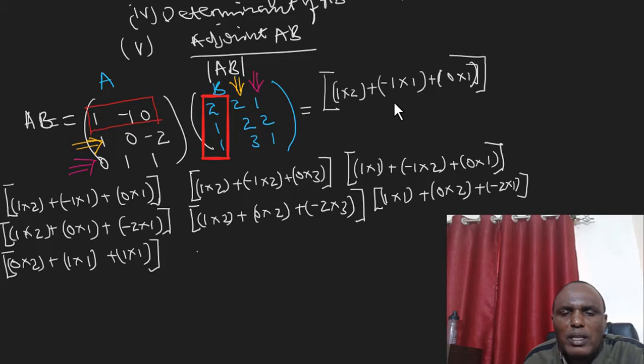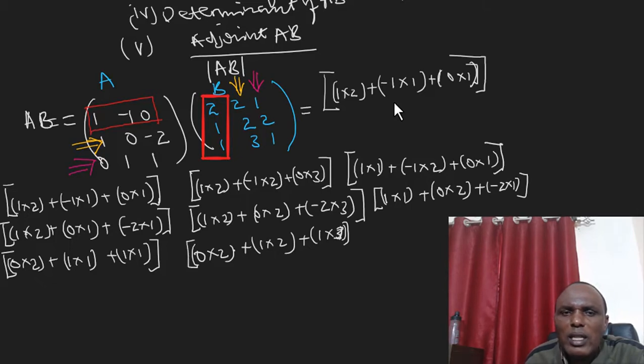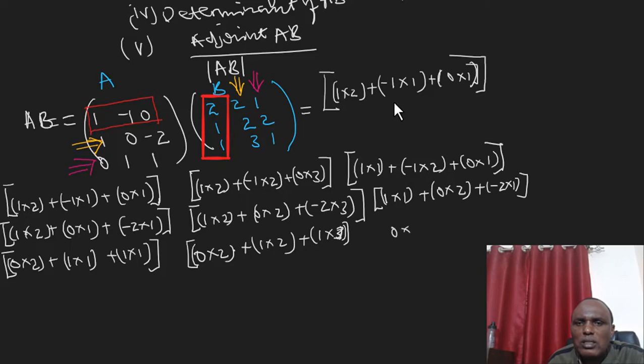We multiply by the second column of B. So 0 times 2 plus 1 times 2 plus 1 times 3. We get the second element of the product matrix. The third element is 0 times 1.